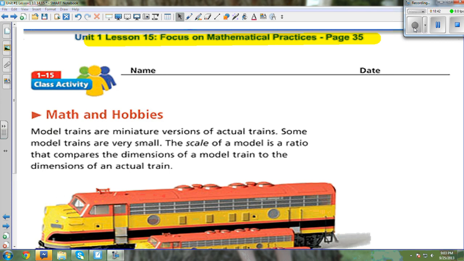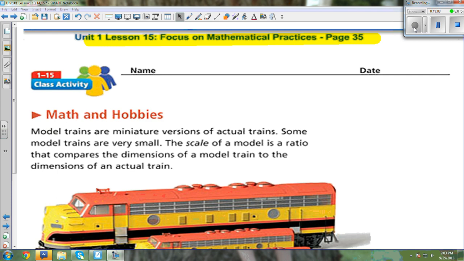So in class tomorrow, on a sheet of paper, when Mr. Wolf says we will be having a math quiz, and it's a 1-question quiz. What is Mr. Wolf's favorite color? You will know the answer because you listened and watched the video, and the answer is red. Mr. Wolf's favorite color is red. Please don't share that with anybody, and let's just see how many people watched the video.